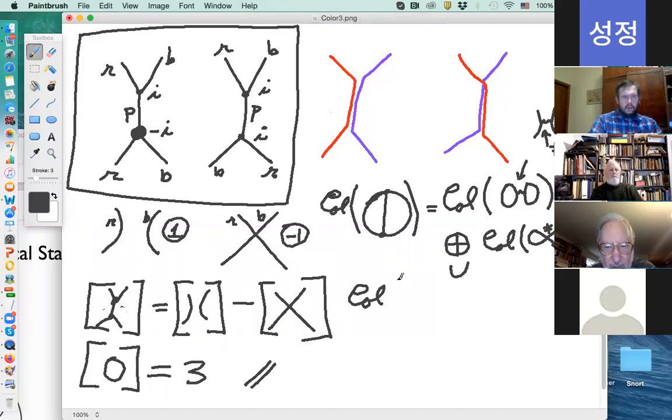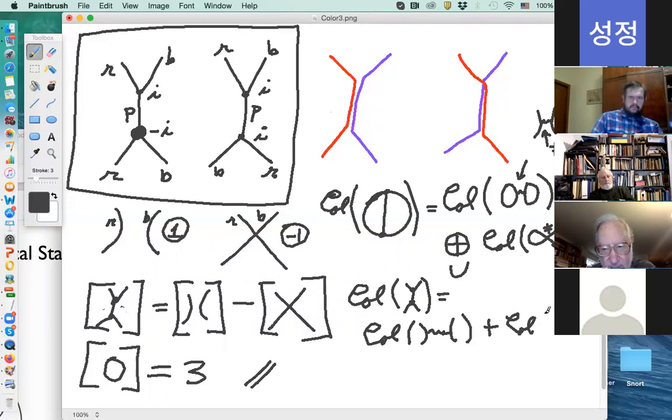So I have the following formula. The colorings of this is equal to the colorings of this, where this is not equal, plus the colorings of this, where this is not equal.